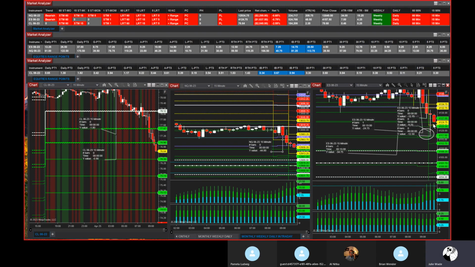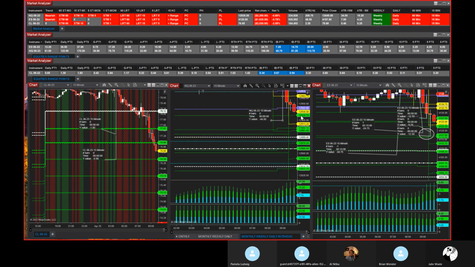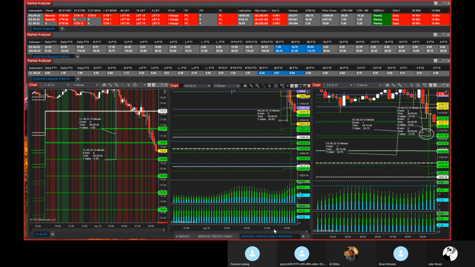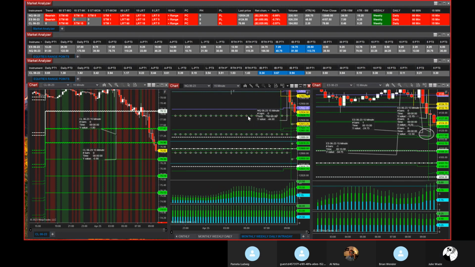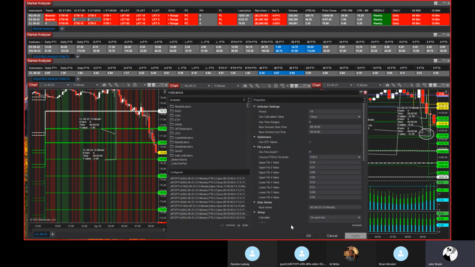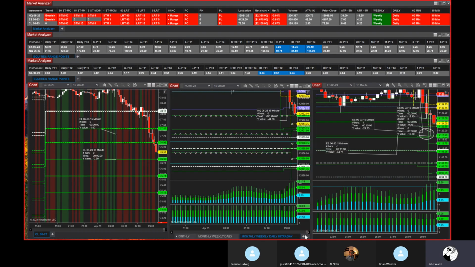We want to see if we have a chance to break these levels, come into them. That's your 1 hour IB.